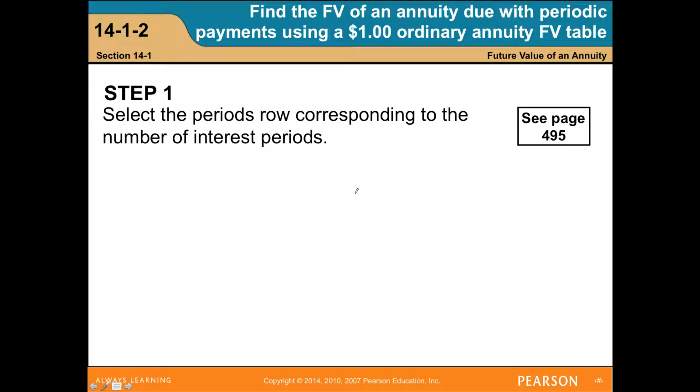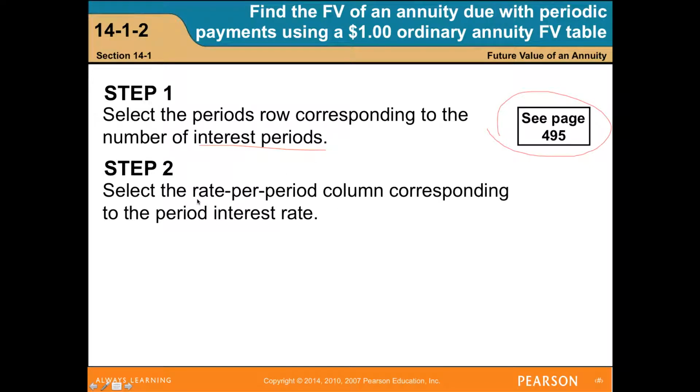Find the future value of an annuity due with periodic payments using a $1 ordinary annuity table. Again, if you don't refer to page 495, you won't understand this section, so please make sure to follow along with page 495. Step 1, select the periods row corresponding to the number of interest periods.